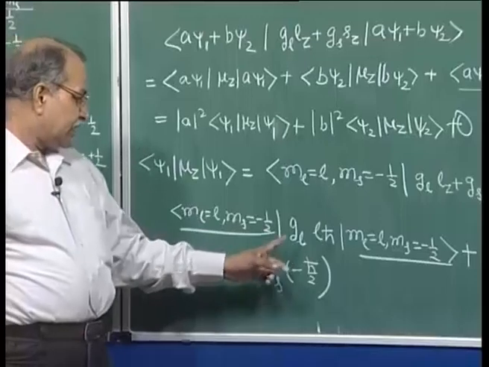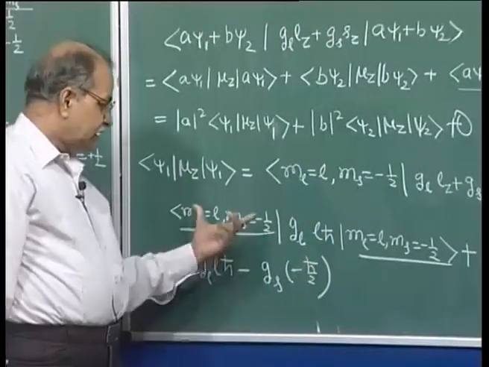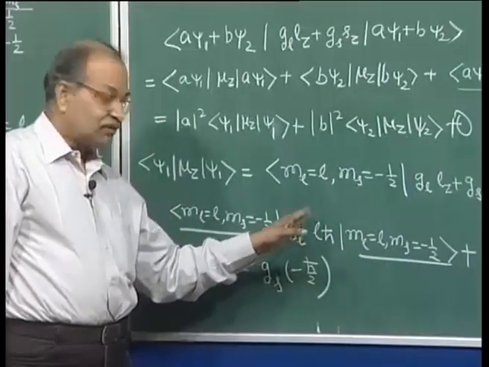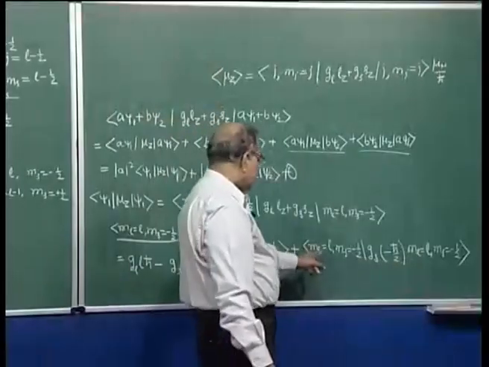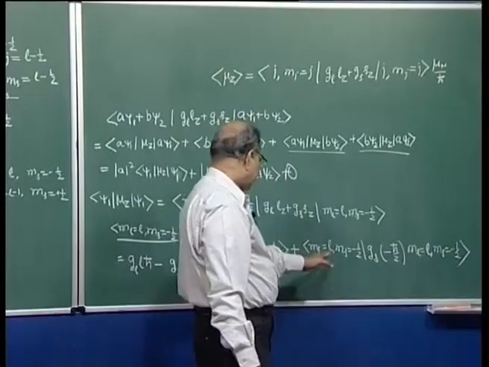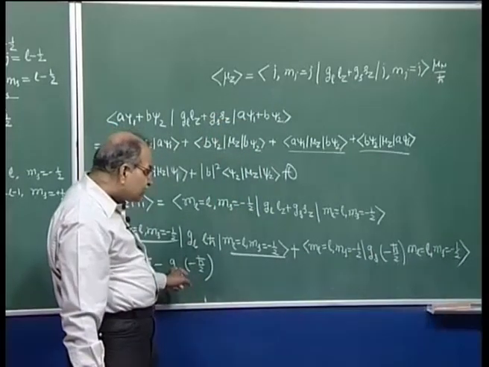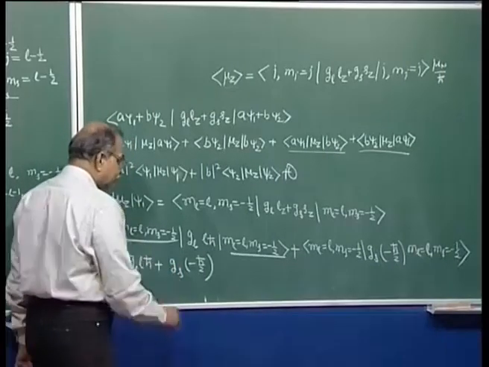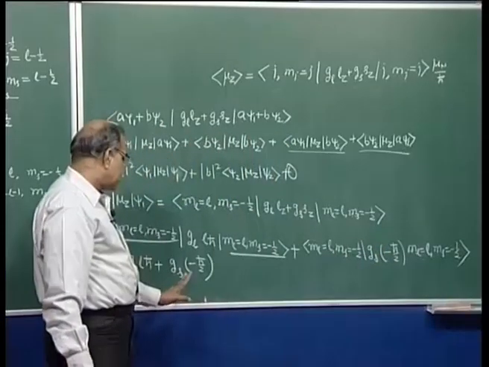From here I am getting GL L h cross. So, GL L h cross, this wave function, this wave function, no more operator here, these are numbers. So, this is 1. Similarly, on this side, GS coming here, only 1 minus, fine. GS coming here, minus h cross by 2 coming here.